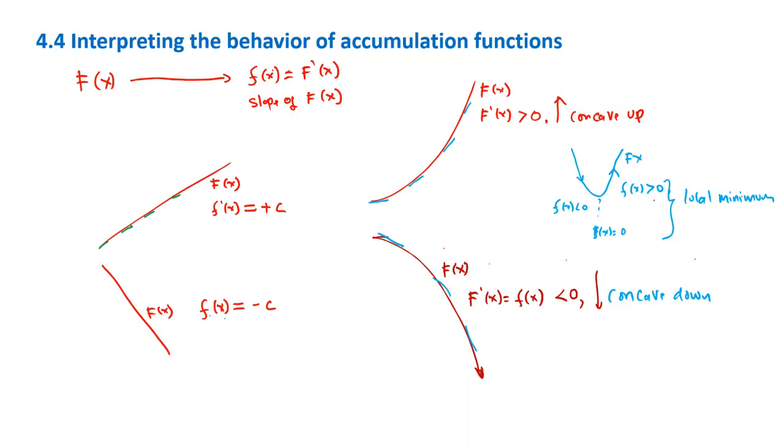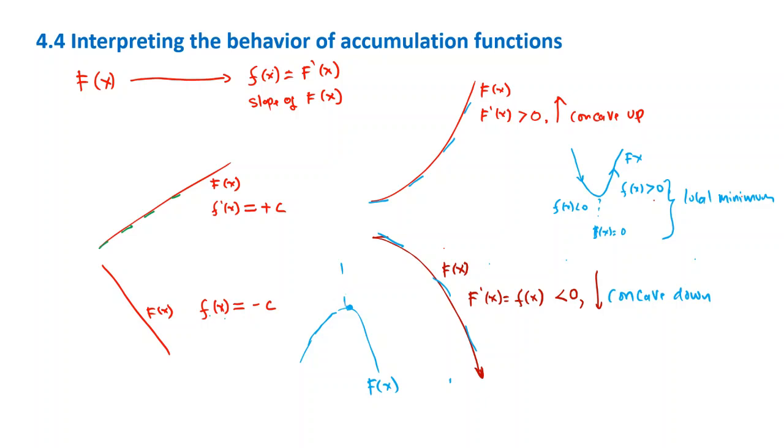So how do we know what the derivative of f(x) will be if it has a local maximum? We have a maximum point here. This is our f(x), going from left to right.